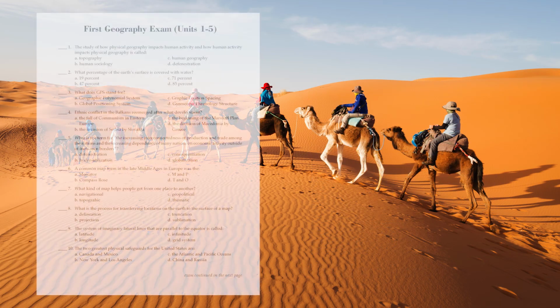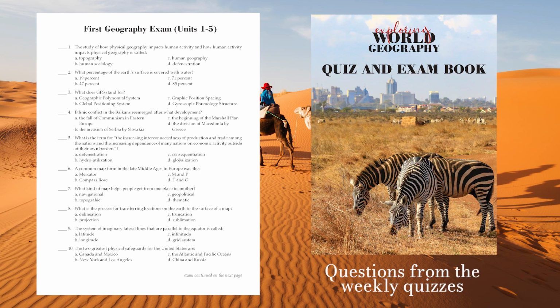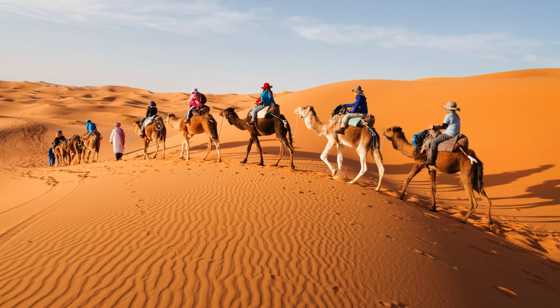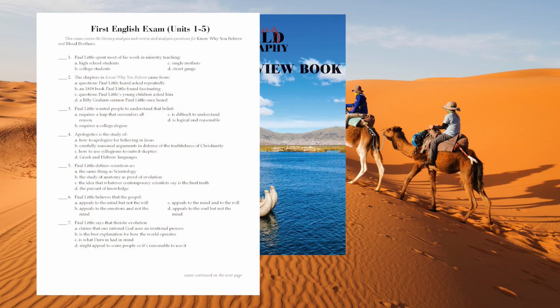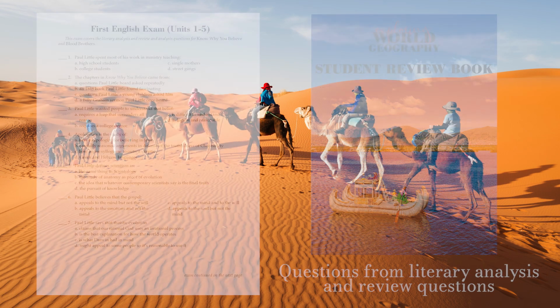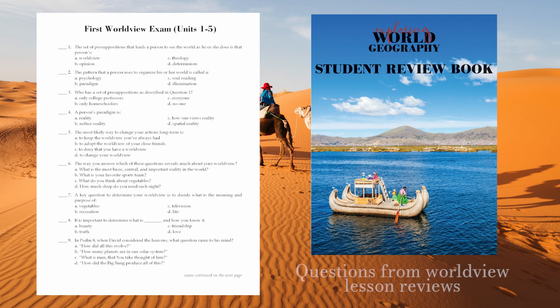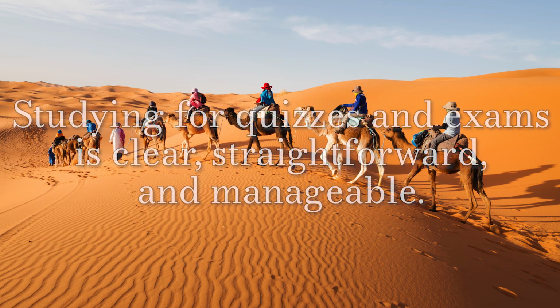All questions on the geography exams come from the weekly quizzes. Questions on the literature exams come from the literary analyses and review questions on the books. Questions on the worldview exams come from the review questions on the worldview lessons. So, studying for these quizzes and exams is clear, straightforward, and manageable.